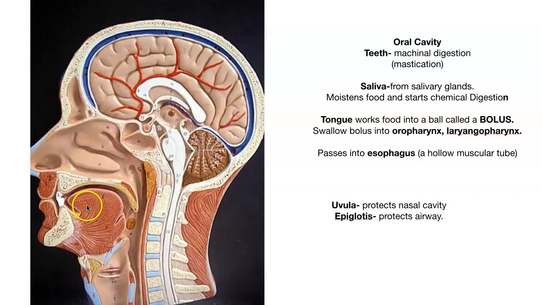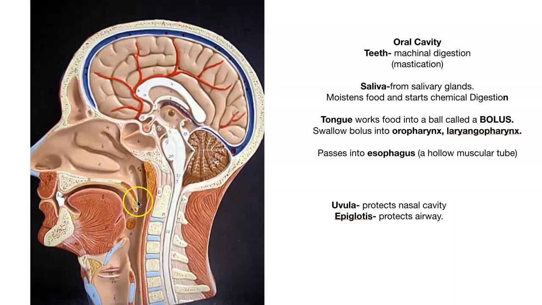The tongue will actually push that food up against your hard palate. Once you've chewed it mindfully, it will push it back into this area called the oropharynx, and that food is now called a bolus. And that bolus is going to be traveling down, hopefully towards the esophagus.